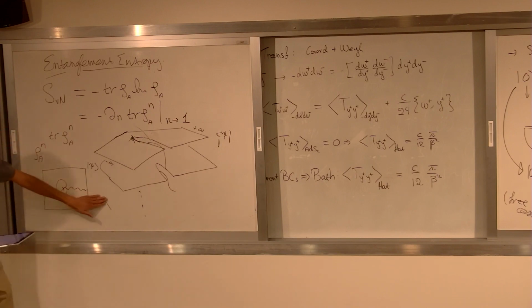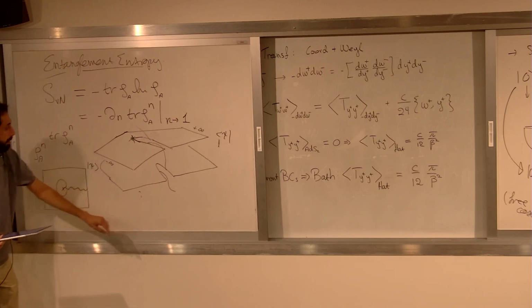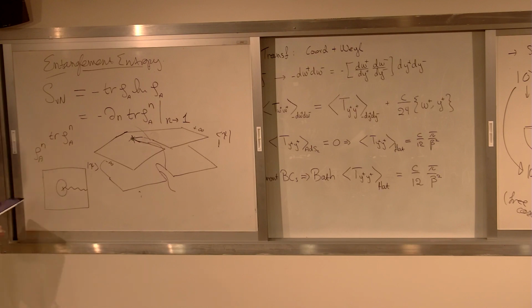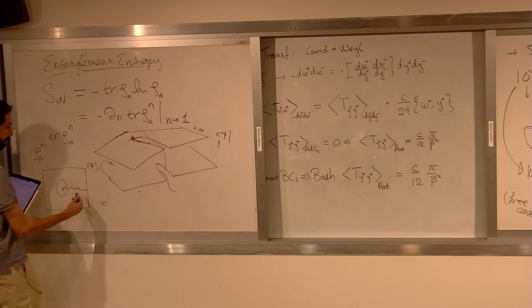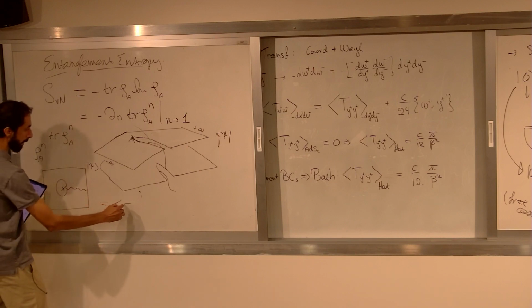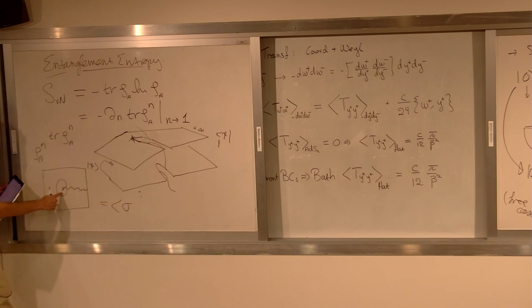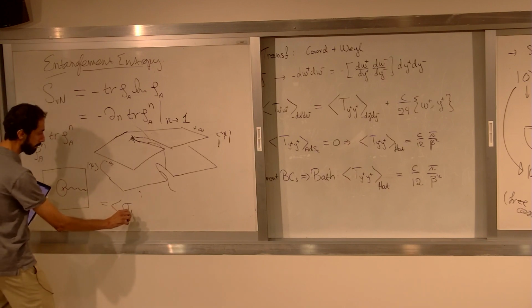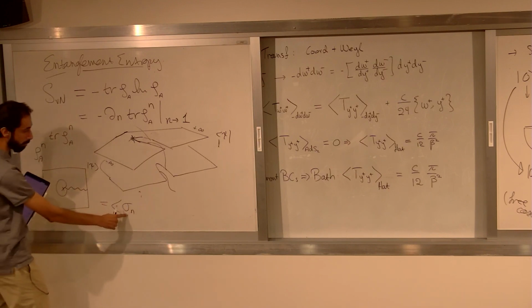What this does is that it represents the computation of trace rho A to the n to be some correlation function of a defect operator that creates this conical excess. And that defect operator I'm going to call sigma n.